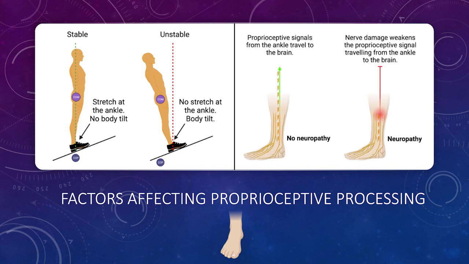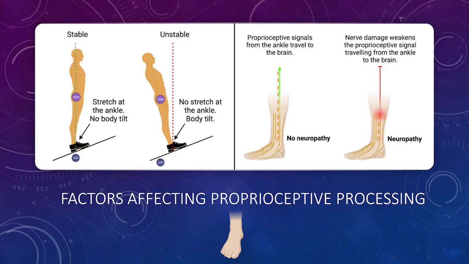The other major factor affecting proprioception as it pertains to balance is neuropathy, which basically is nerve damage. It is damage to the nerves that send the signal from the ankle to the brain. A commonly co-occurring illness with Parkinson's disease is actually type 2 diabetes, which causes peripheral neuropathy.